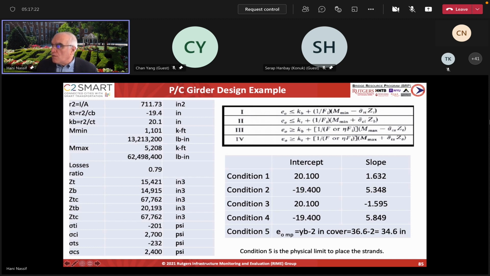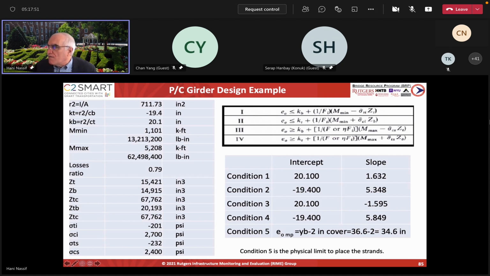So here you have 4 equations, but you have only 2 unknowns, which are the pre-stressing force and the eccentricity. So with 4 equations and 2 unknowns, you can get many solutions. And that's why we need to be in a feasibility domain, okay? And to be able to do that, if you write the equations, this looks like the equation of a straight line, y equals b plus ax.